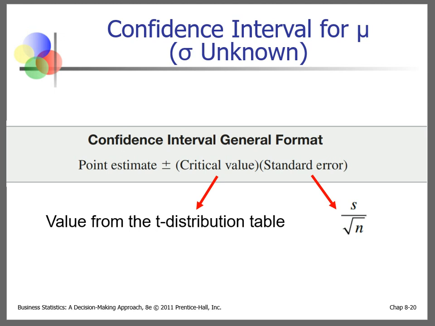Our standard error now becomes the sample standard deviation divided by the square root of the sample size. And the critical value can be derived from the t distribution table in the following slides.